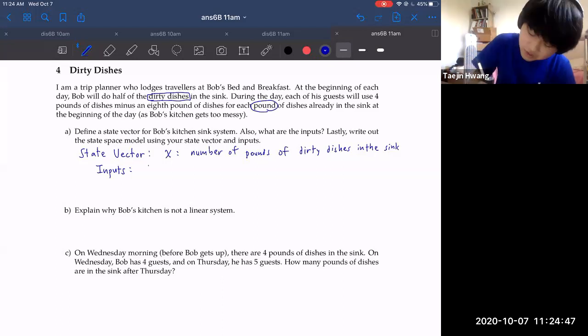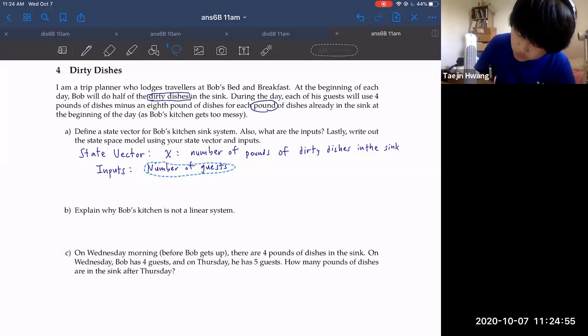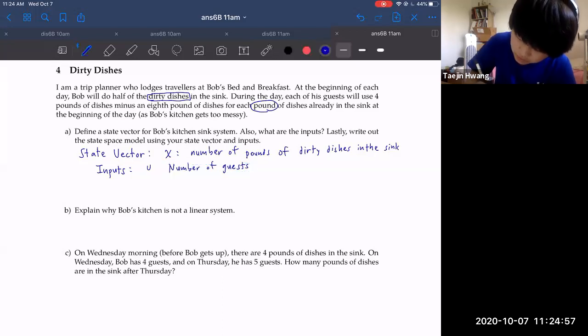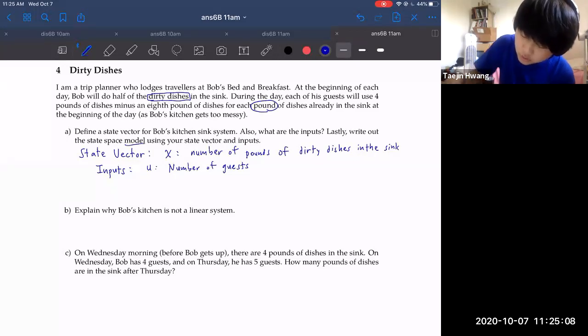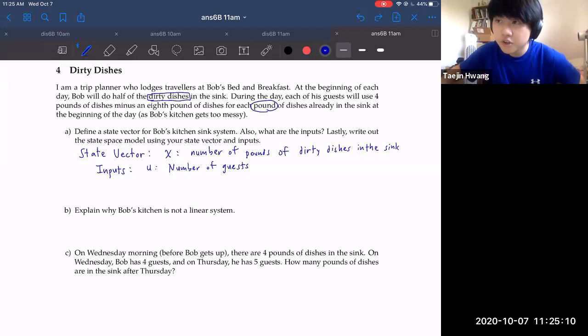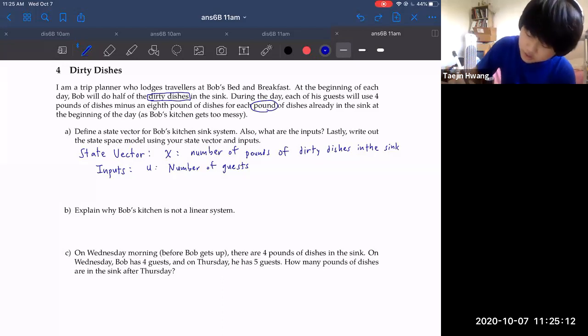So we're going to call the number of guests our input. And traditionally, we like to use the variable u to represent the inputs, which is kind of a convention in controls engineering. And then the last thing we need to do is to figure out what the state space model is. So I saw Eric earlier mention that it was discrete, and we can definitely use a discrete model.